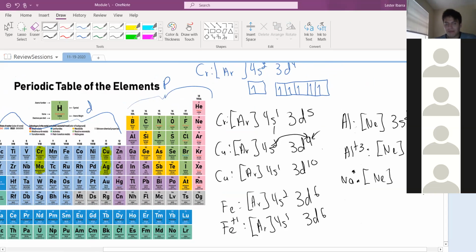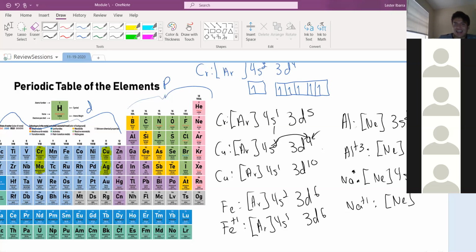Neon, and then after neon, 4s1. Now, if we have sodium plus 1, what would be my electron configuration after that? Neon? Not a 4, it's a 3. It would just be neon, right? Does that make sense?